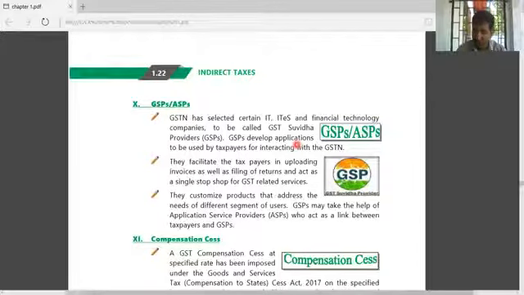So in order to avoid that direct traffic and the cumbersome procedures, these GST Suvidha Providers have their own applications. They collect our company's data, load it to their server in a particular format, and then upload it to the GST portal. So they can customize the data in a particular form. There is a fixed format, but these GST Suvidha Providers have their own formats so that we can load the data easily.